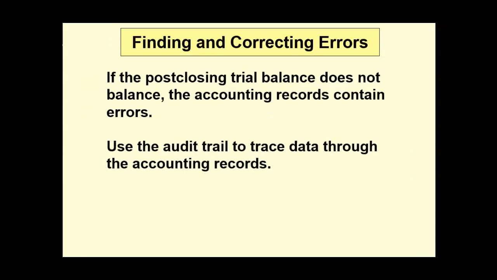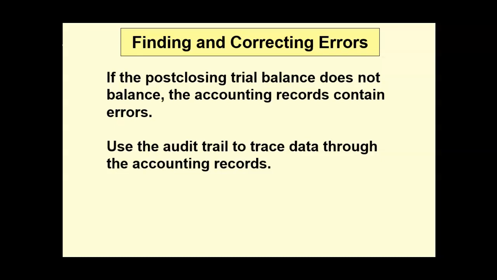Okay? So if your post-closing trial balance does not balance, it means a few things. There could be an error in your accounting records, and you'll use your audit trail to go back through that. So look through your journals to make sure that every amount was posted correctly.